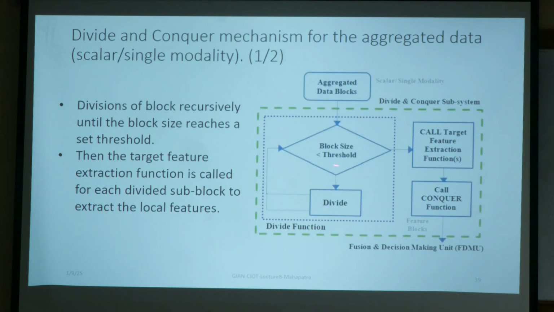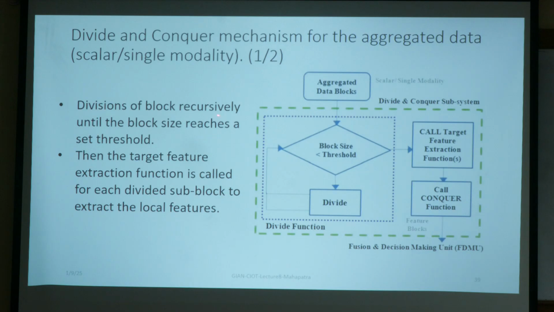Then once you have achieved the optimal block, you call the target feature extraction function, and then you go for the conquer function. So divide, then do feature extraction, then call conquer. We'll see what's going on in conquer.